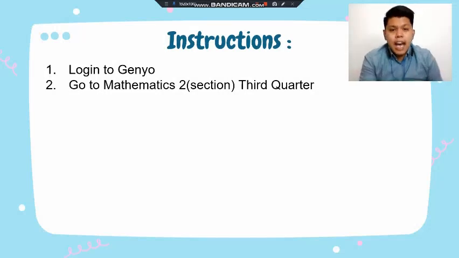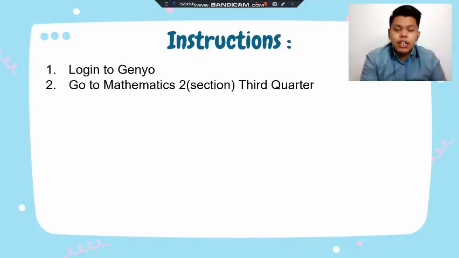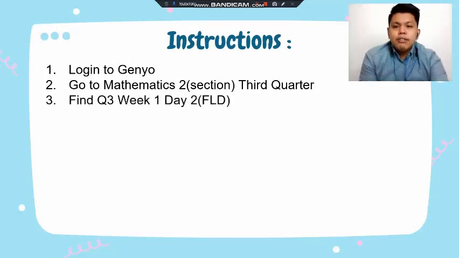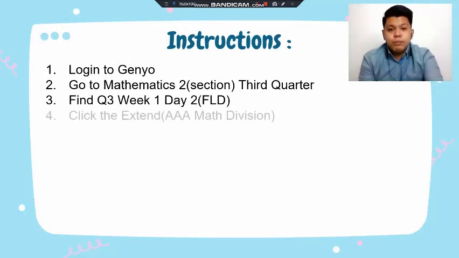So we have our new course for third quarter. So don't go anymore to our first and second course. There's a new course for third quarter, titled Mathematics 2, then your section, third quarter. Find Q3, week 1, day 2.